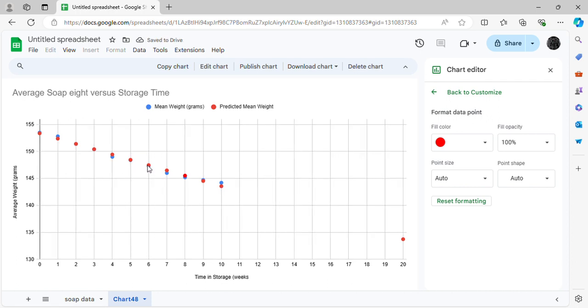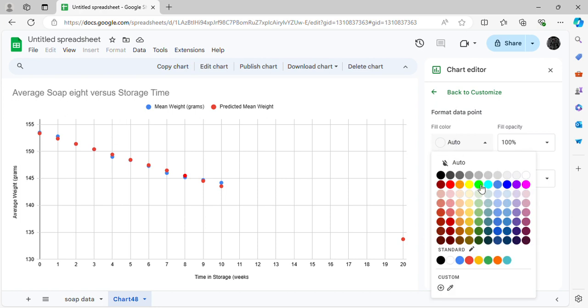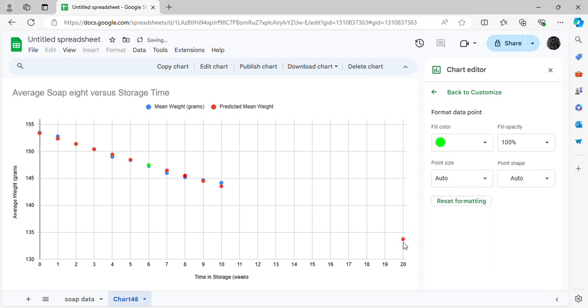For 6 weeks, color that green. And for 20 weeks, let's color that green. Okay, so for 6 weeks, the predicted value is interpolation and is reliable with the observed values. But for 20 weeks, it's extrapolation and is unreliable because it's not in the range of the observed values.